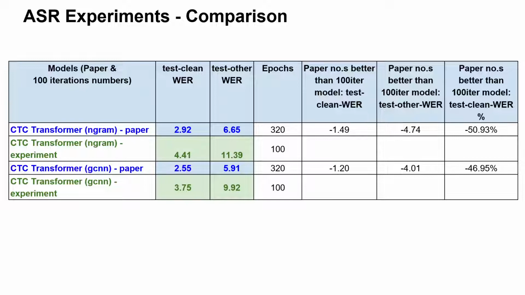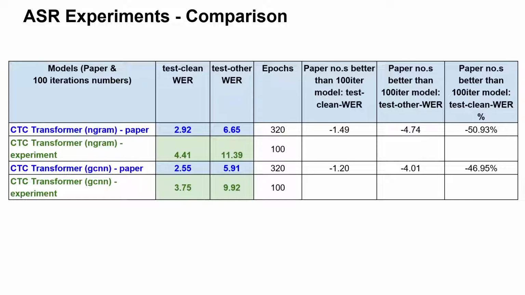Now this is the comparison of what was mentioned in the paper and the results which I got. In case of the CTC transformer paper, the test clean was 2.92 and test other was 6.65, and they had done 320 epochs, and I was able to do at max only 100.